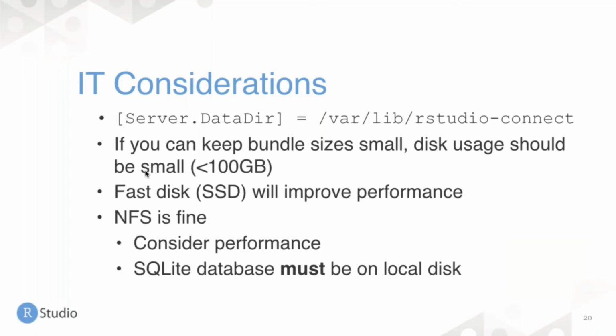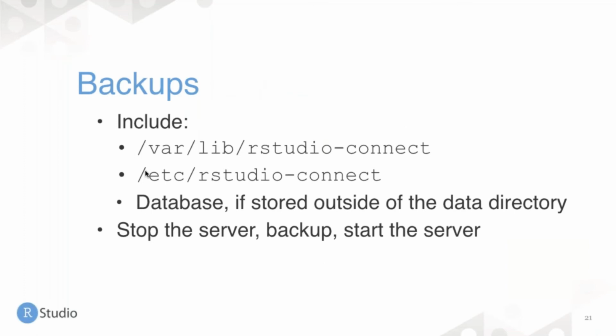NFS should be fine, although you should consider performance and make sure that it's a performant network share. Do be aware that the SQLite database, which can be pulled out separately from this data directory, must be on local disk. That cannot be on NFS. So everything other than the SQLite database can be shared in NFS. We discussed that a bit in the last webinar, so I won't go into more detail there.